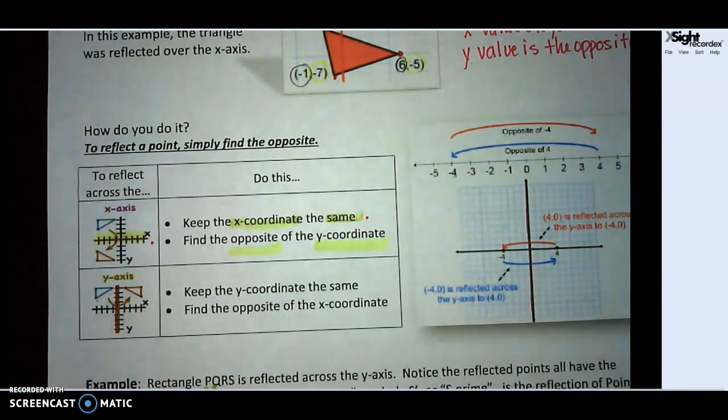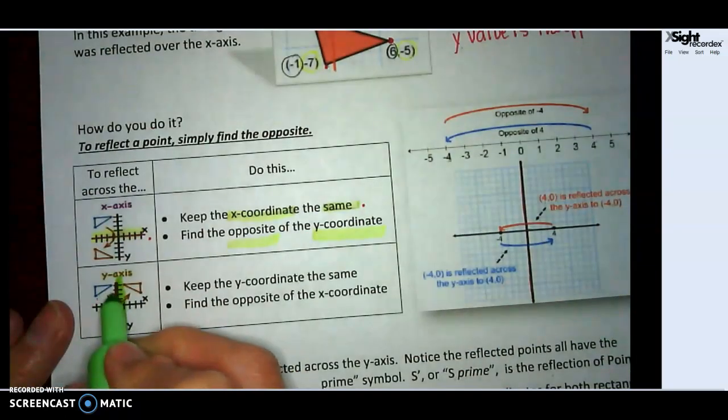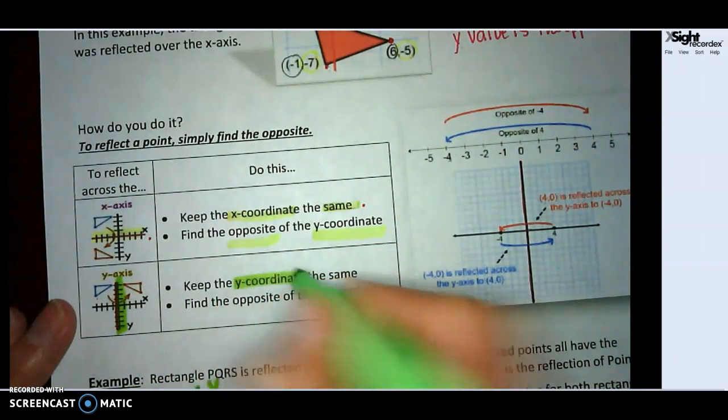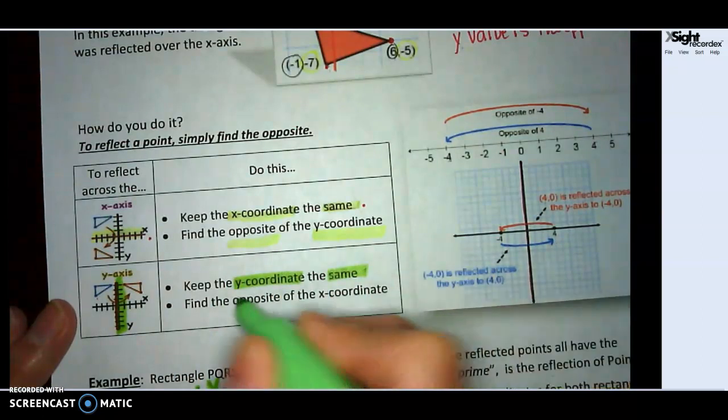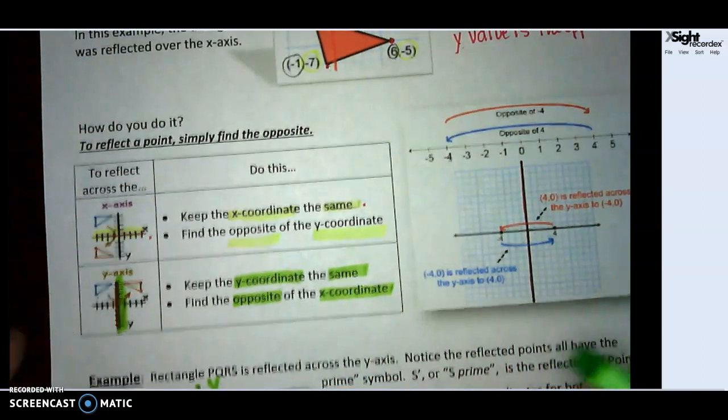To flip across the y-axis, which is the vertical, the y coordinate stays the same, but we find the opposite of the x-coordinate.